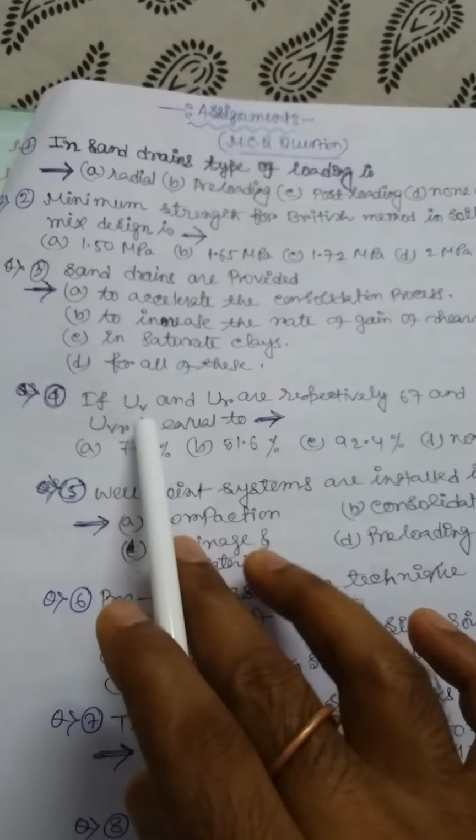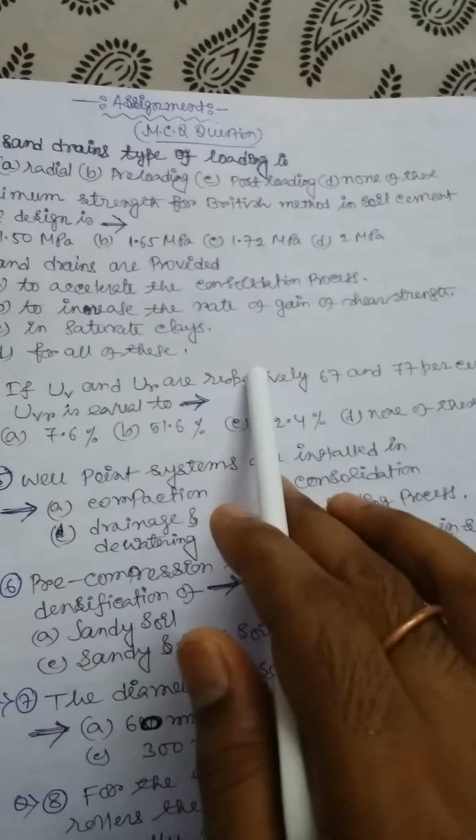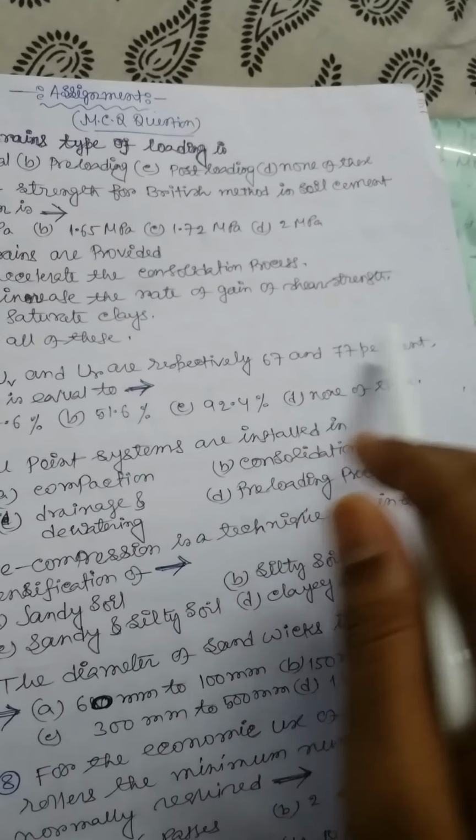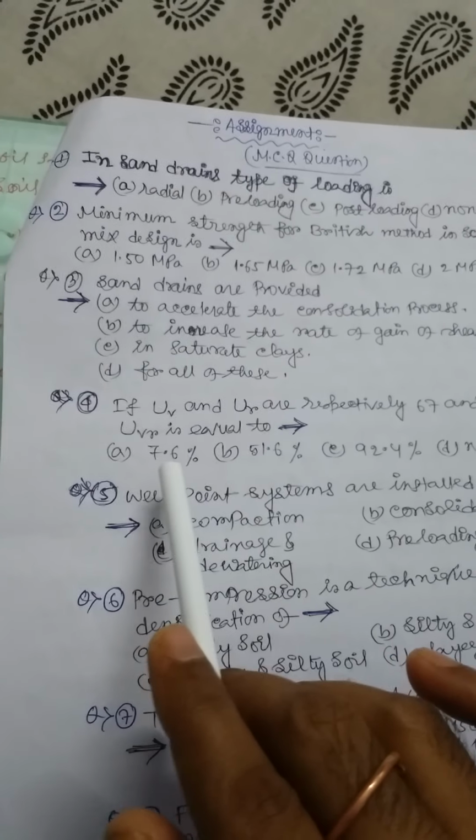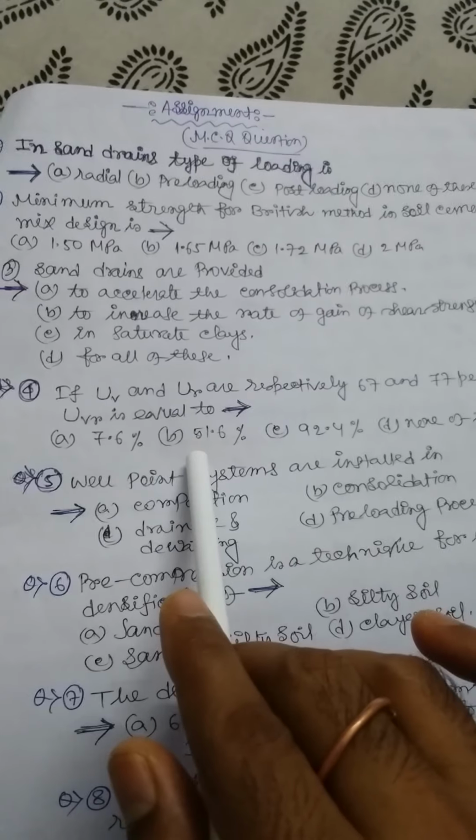Which of these is correct? Now 4. If UV and UR are respectively 67 and 77%, UVR is equal to: 7.6%, 51.6%, 92.4%, none of these.